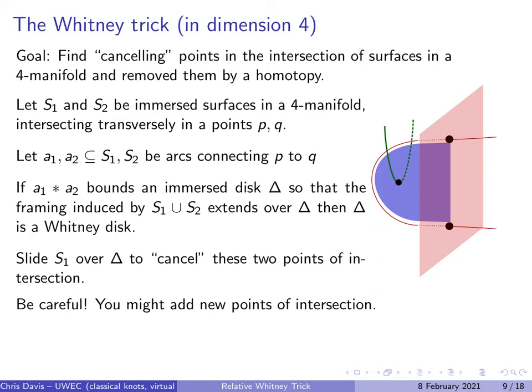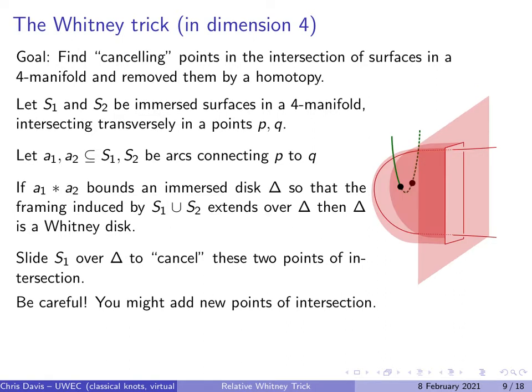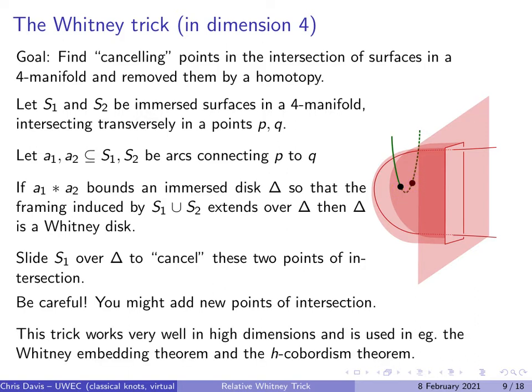If you have some other surface which intersects the Whitney disk transversely in a single point, then making this move will increase the number of intersections between S1, remember this big one was supposed to be S1, and that new surface by two. We've introduced two new points of intersection. So this trick works really well in high dimensions, and it gets used in proving the Whitney embedding theorem and the h-cobordism theorem.